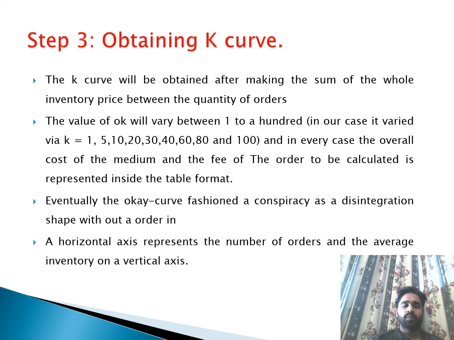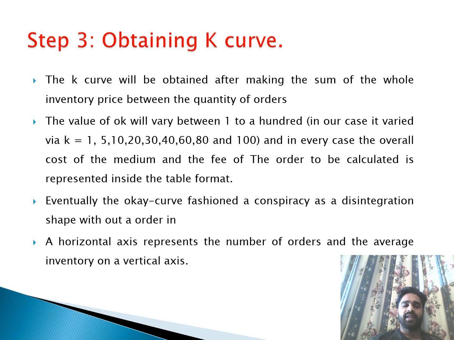Now we talk about step 3, obtaining the K-curve. The K-curve will be obtained after summing the whole inventory cost between the quantities of order. The value of K will vary between 1 and 100, and in every case the overall cost of the average inventory and the number of orders is calculated and represented in table format.